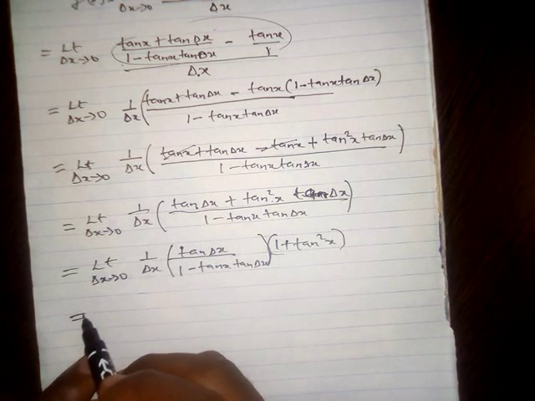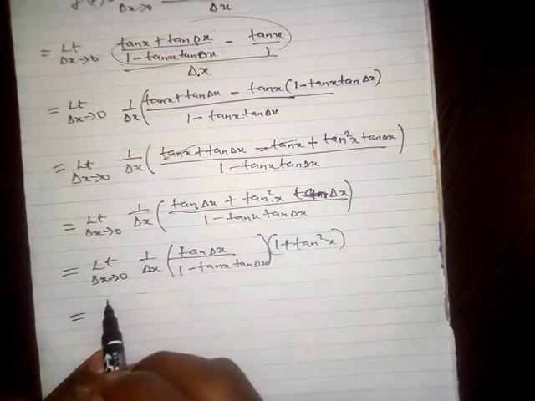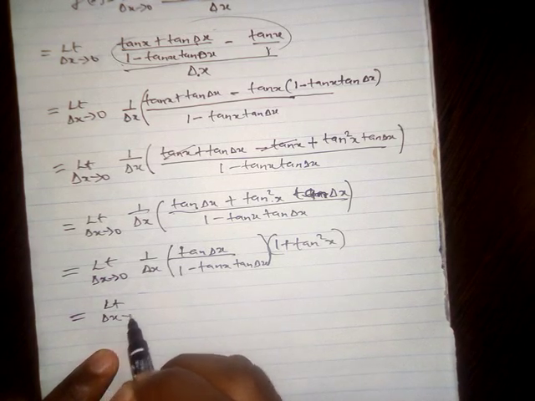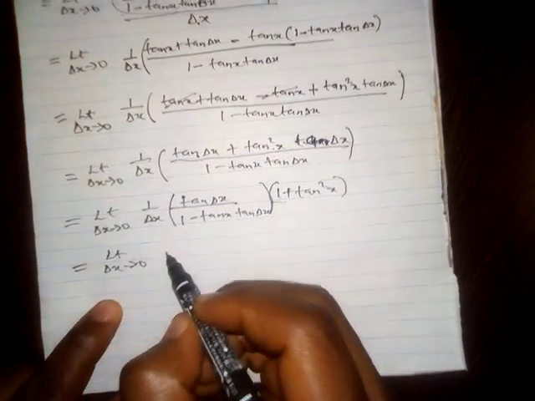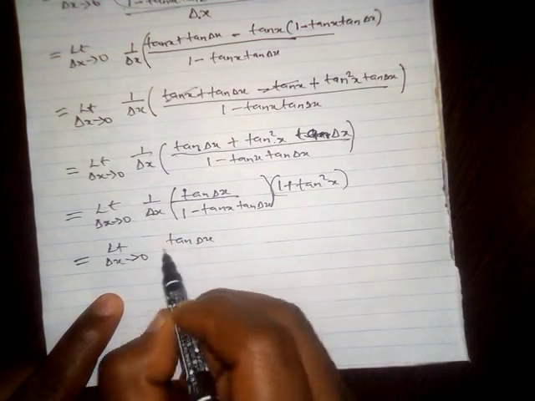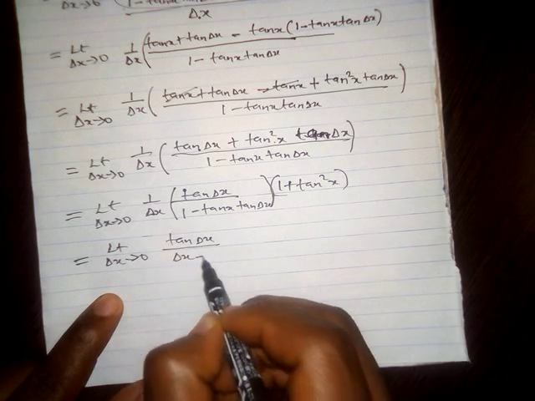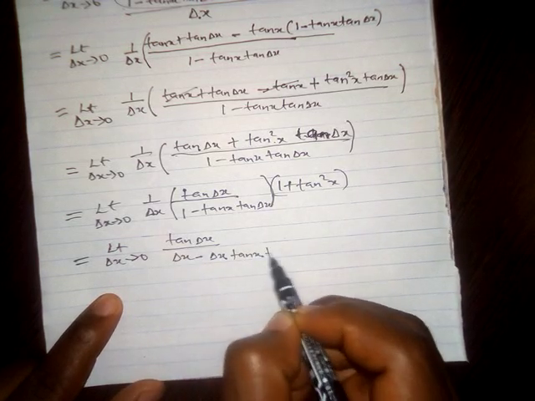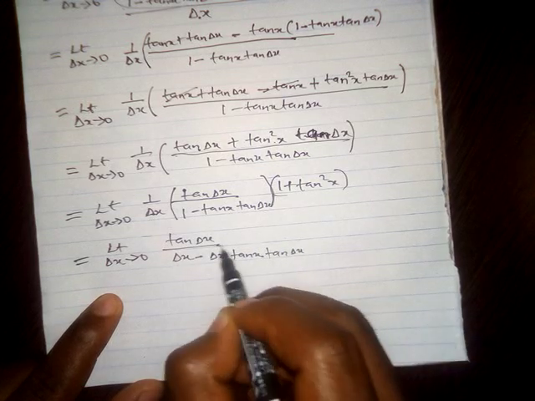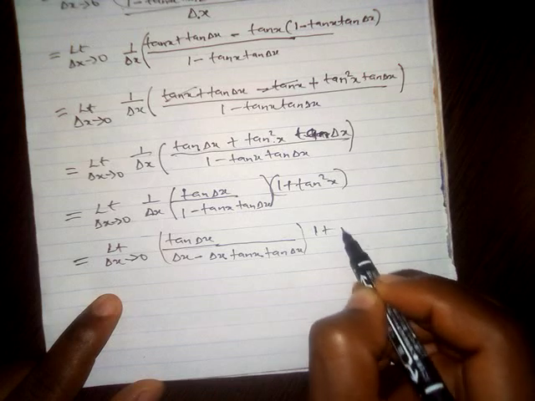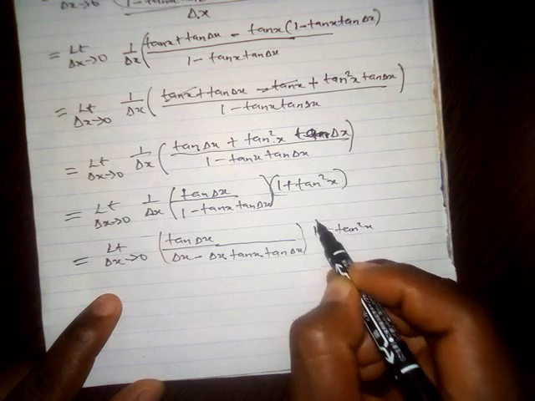Now this is equal to, if we multiply this thing downward, this will still give us the limit as change in x approaches 0, we have this as tan change in x all over change in x minus change in x tan change in x. Okay, now everything here is multiplying 1 plus tan square x.